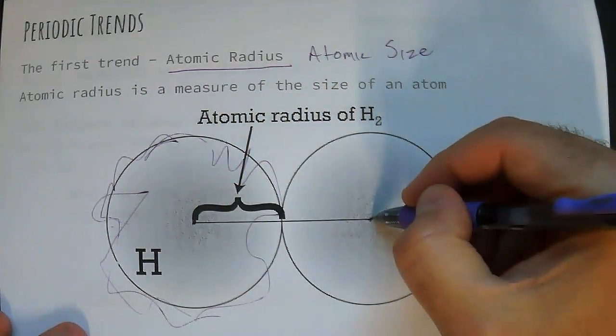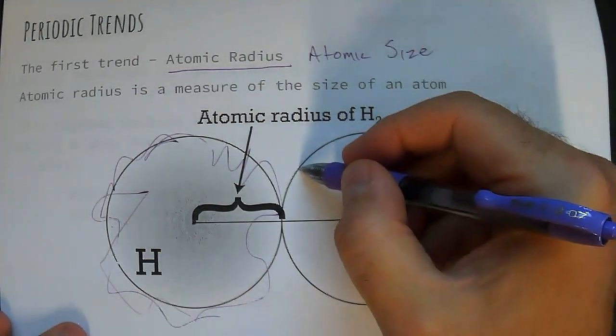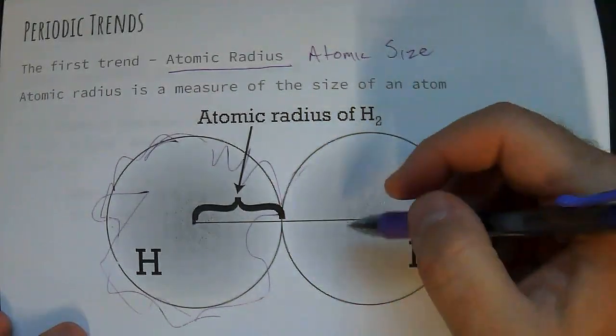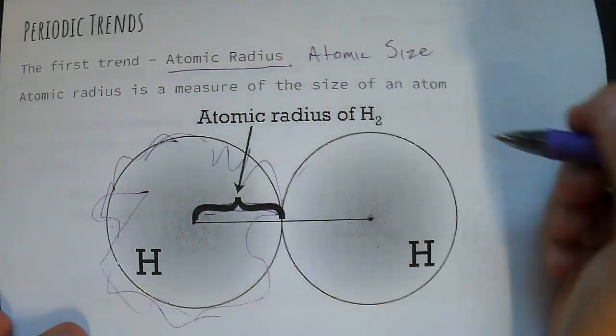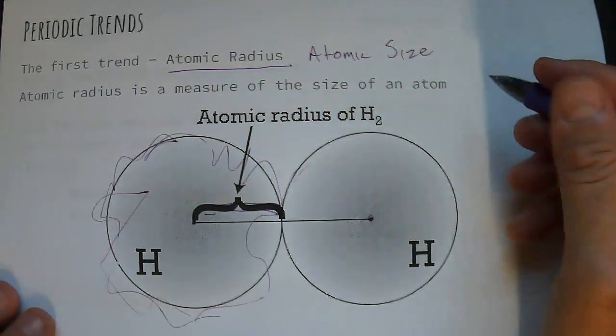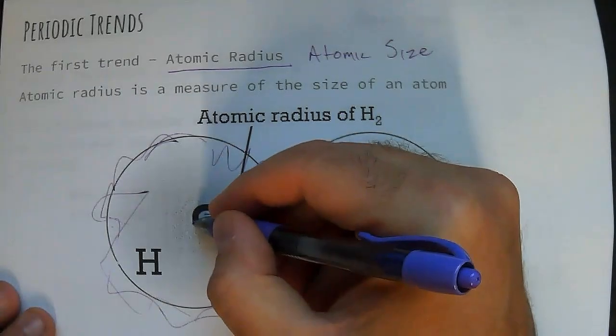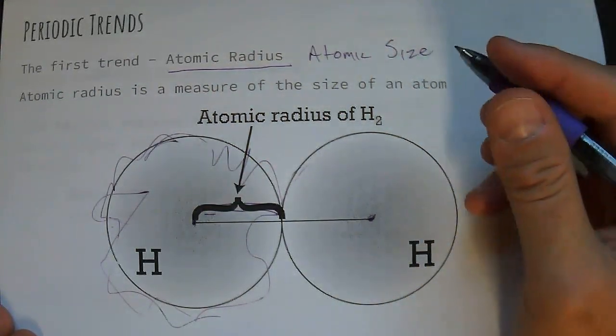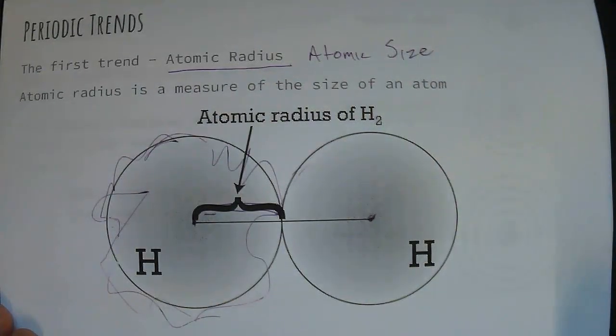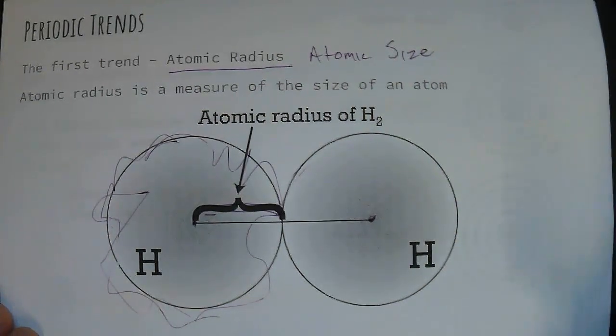So if you have two atoms of the same thing that are bonded together, we can take half of that, and that would be the atomic radius, assuming that you measure between the nuclei, which again we can do.